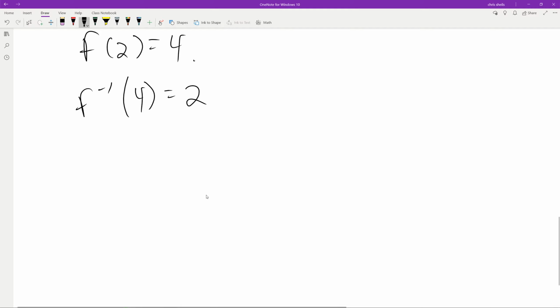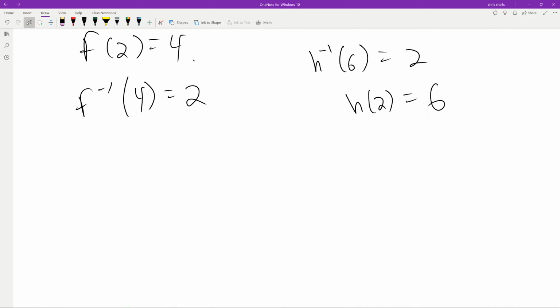Similarly, if I have some function h, and I know that h inverse of 6 is 2, this means that h of 2 is equal to 6. All I do here is swap my input and output. So notice that my original function and my inverse function undo each other.